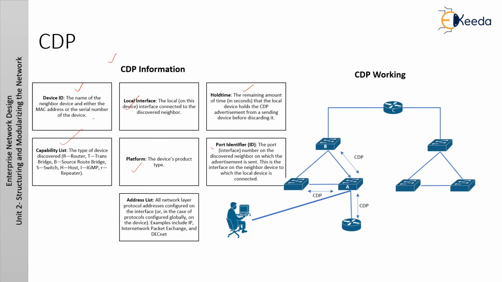Port identifier, the port identifier number on the discovered neighbor on which the advertisement is sent. This is the interface on the neighbor device to which the local device is connected. And finally, the address list: all network layer protocol addresses configured on the interface, or in the case of protocols configured globally on the device, like IP, internetwork packet exchange, and DECnet.